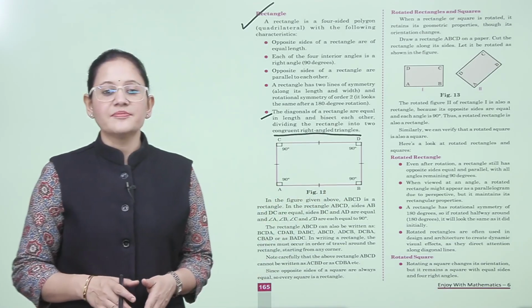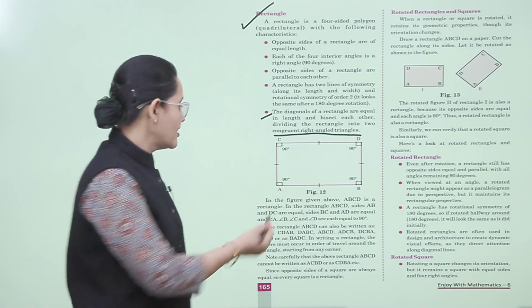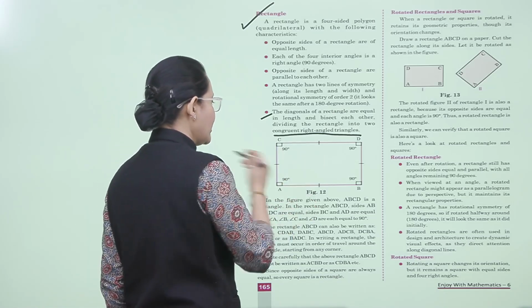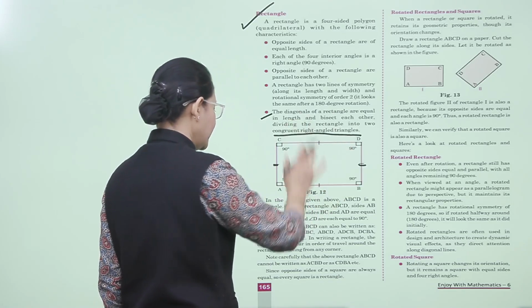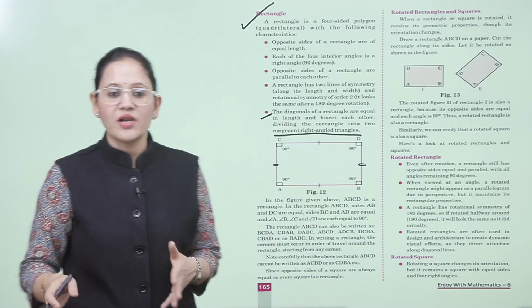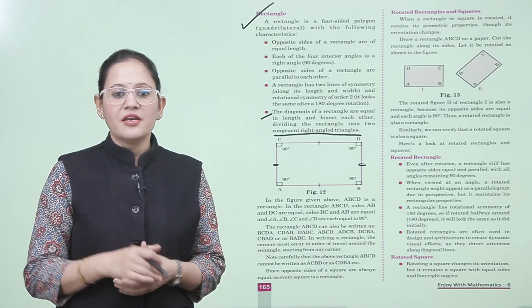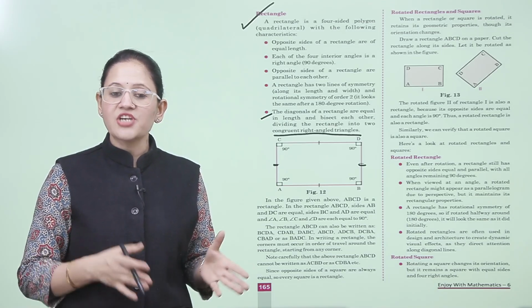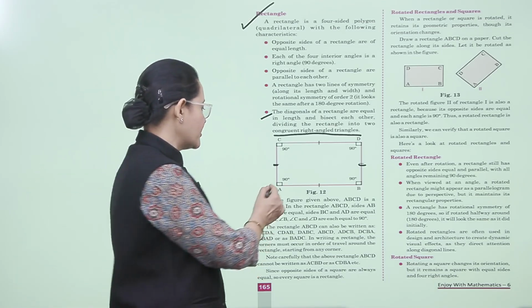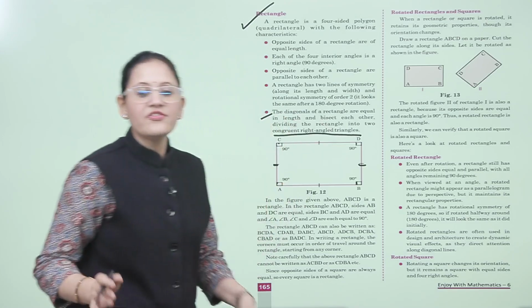In this rectangle, you can see the sides CD and AB, they are equal, and AC and BD, they are equal, opposite sides are equal. Clear? Now, the angles A, B, C and D, each are of 90 degree.